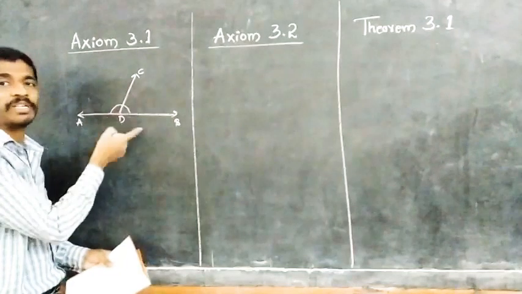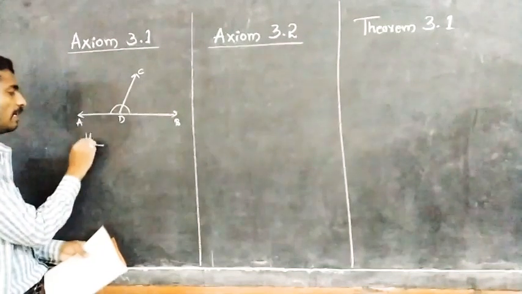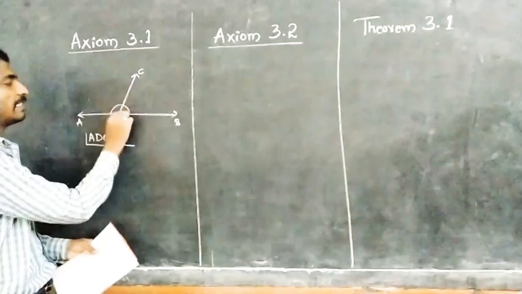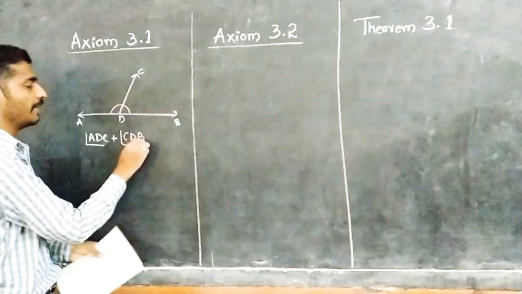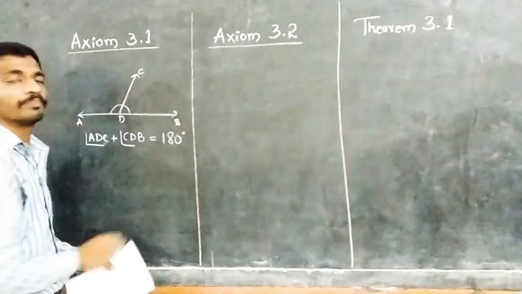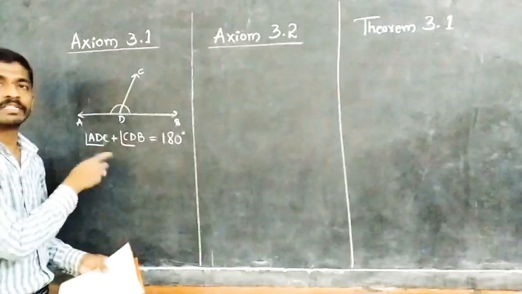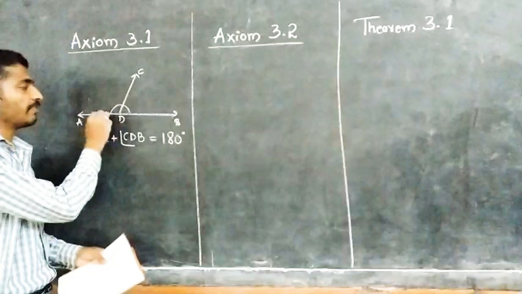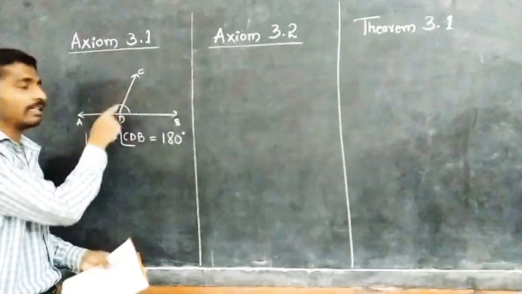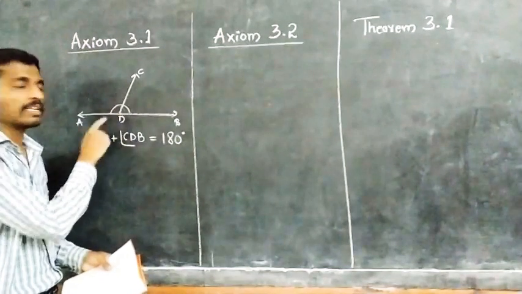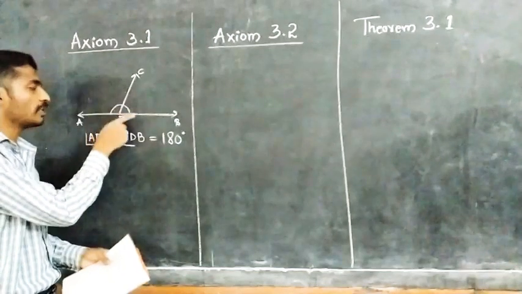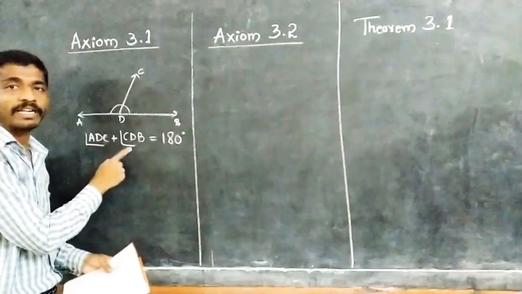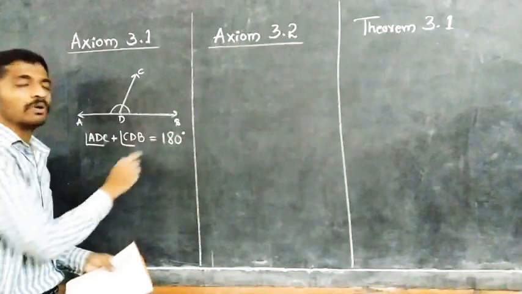The adjacent angle sum is 180 degrees, so angle ADC plus angle CDB equals 180 degrees. This is nothing but a linear pair of angles, what I told earlier. If a ray stands on a line, the two adjacent angles are called linear pair angles, and their sum is always 180 degrees.